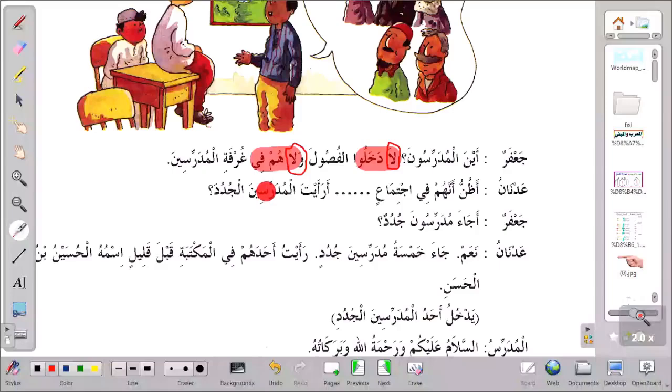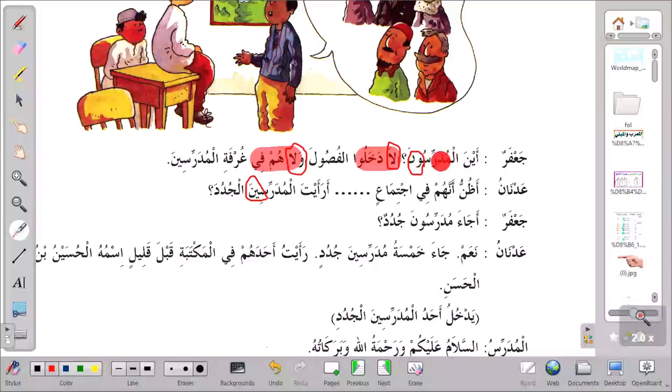Now, please observe something. The first part here, he says al-mudarrisuna. And then here he says al-mudarrisina. I hope that is clear. That's what I said: we are learning the I'rab of the Jam'u Muzakkar Salim. We just did a summary of it before.